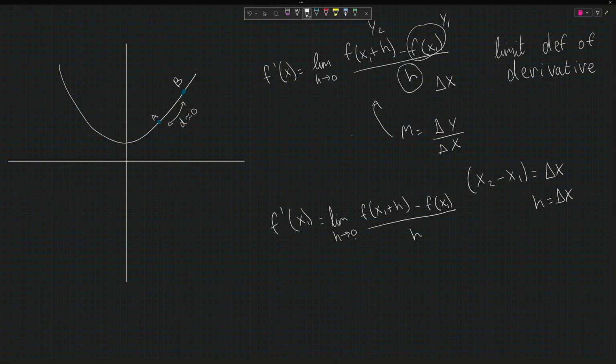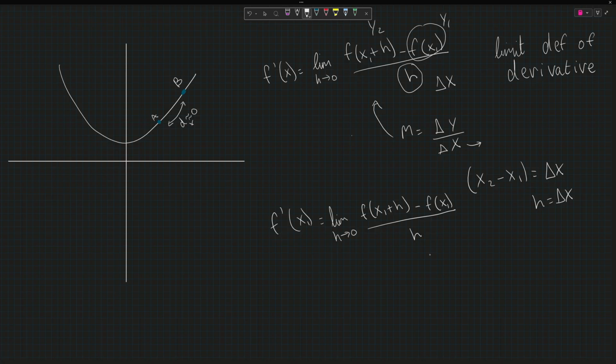Now, what does the 0 mean? We talked about how the distance between point A and point B in the x direction must be 0, right? So that's what we're trying to do. We're trying to get the limit as h approaches 0. So we cannot put a 0 in for h directly because that would be undefined here and here.